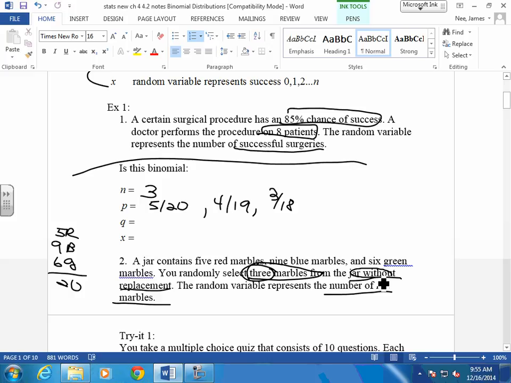Because it's without replacement. So this is not an independent trial. Each one depends on what happened before. Your probabilities are changing. So is this binomial? Is this a binomial experiment? No, because of this. If you don't replace, you change your probabilities. Your probabilities have to stay fixed.